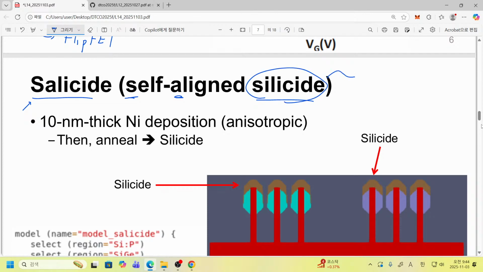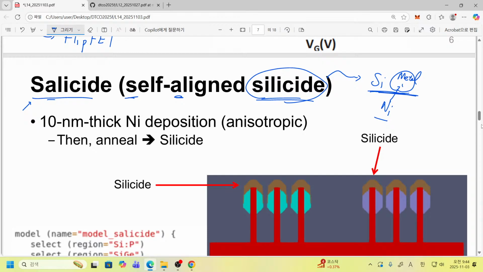Silicide means silicon which is alloyed or combined with other materials, for example metal. Typical metals can be nickel or titanium, or other metals can be introduced to make this silicide. But when that is self-aligned, it is called salicide.